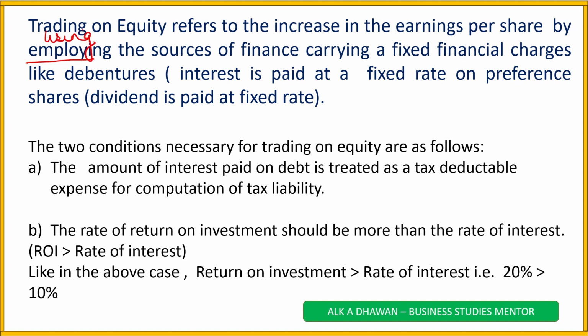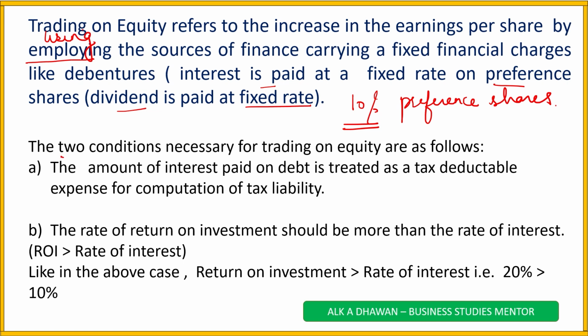The source of finance carrying a fixed financial charge, like debentures, which carry a fixed rate of interest, or preference shares which carry a fixed rate of dividend, which we have done in class 11th, where we would always write 10% preference shares. So when the company is issuing preference shares, that time only the buyer knows that he is going to get a dividend of 10%, although the payment of dividend is not compulsory.